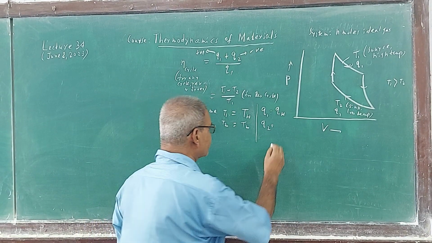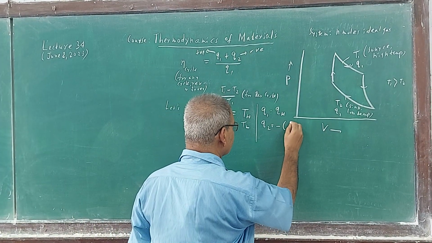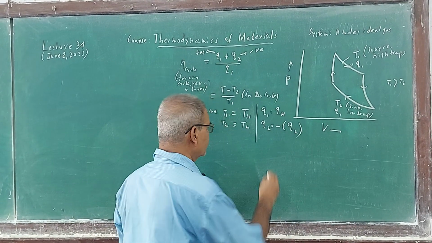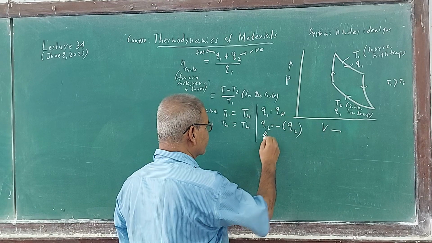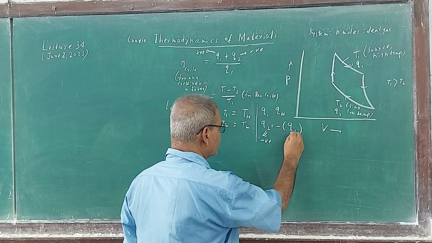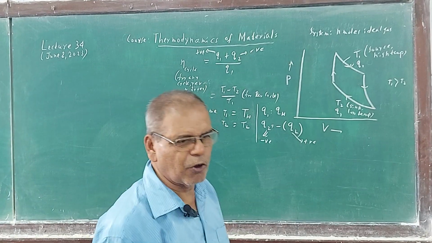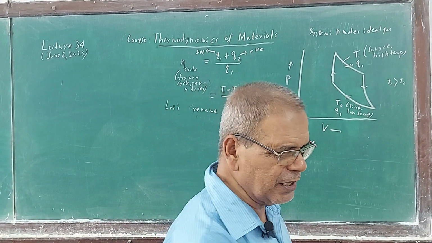Q2, since it is negative but I want to make it positive, so what I do is Q2 is minus QL. Heat rejected is originally negative, so QL is positive. I wanted to deal with all positives. Accordingly, the sign will be changed.